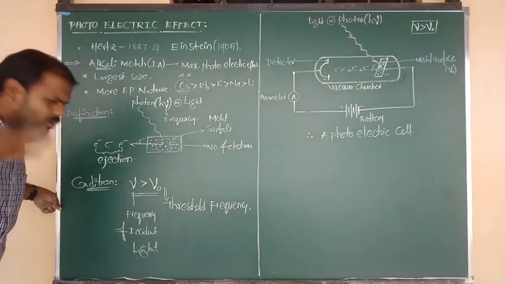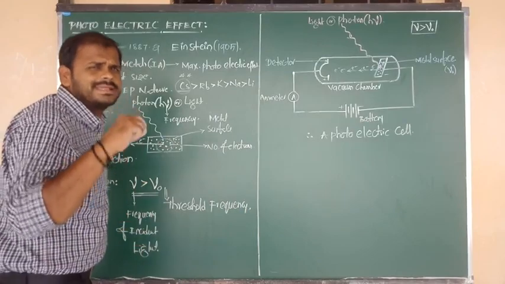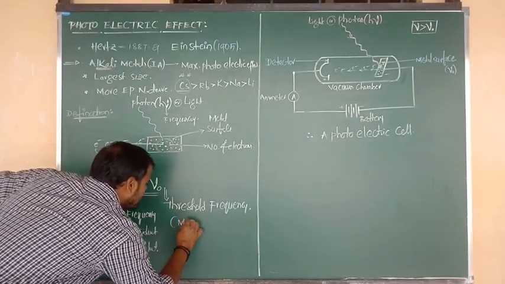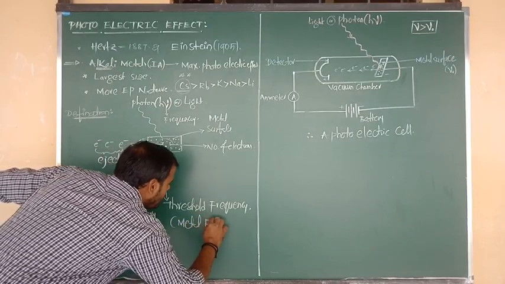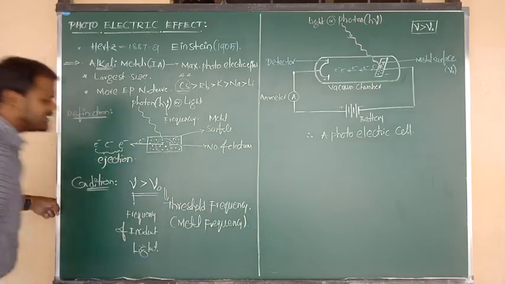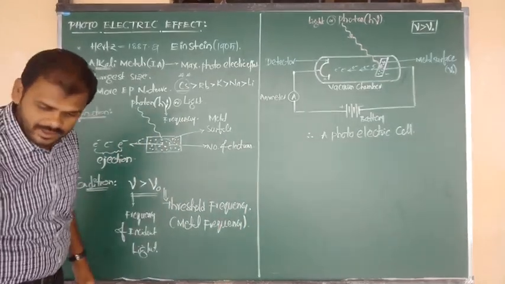Sir, first of all, what is meant by threshold frequency? In our own language, a simple meaning: threshold frequency is the metal frequency. I am going to show you now. Listen carefully.